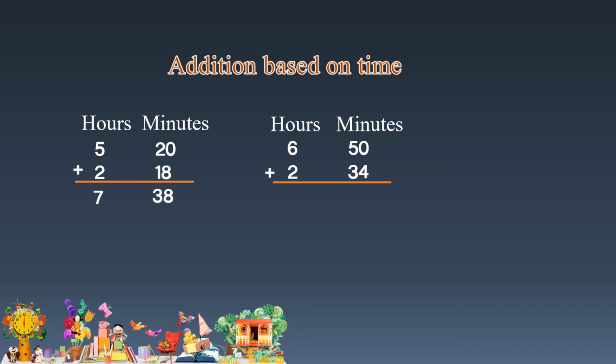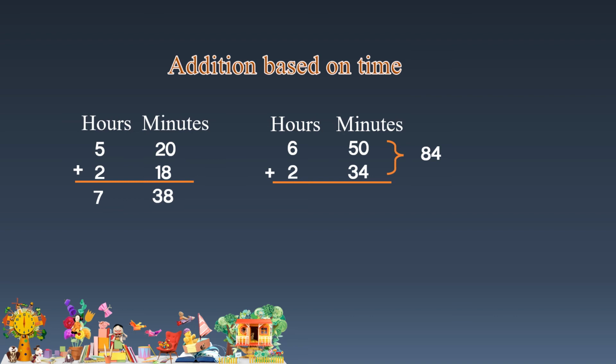So we'll move on to the second example under hours and minutes. Once again we have to start the question with the smaller unit. That is minutes. So first of all we have to add 50 and 34 together. 50 plus 34 is 84. So can I write 84 under minutes column? No, isn't that so?